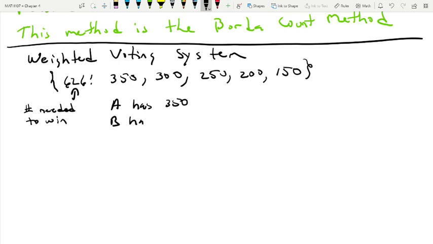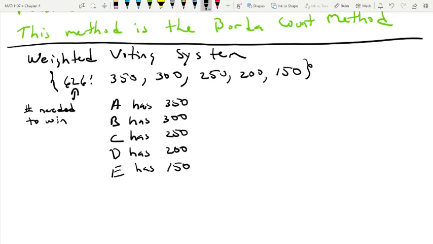B has 300. C has 250. D has 200. And then E has 150, right? That's how many votes each one of those blocks controls.